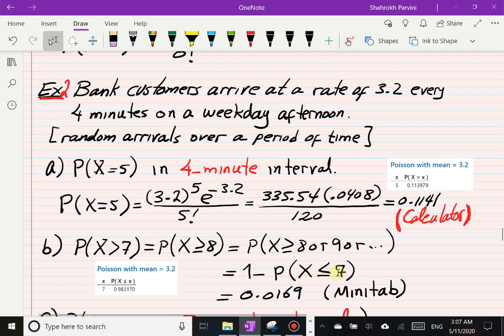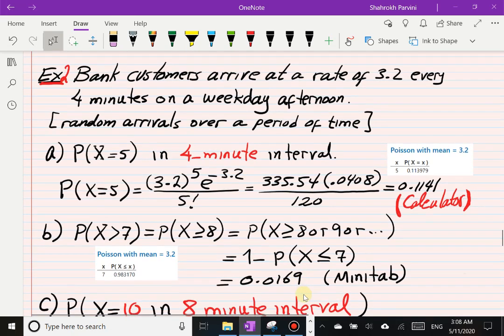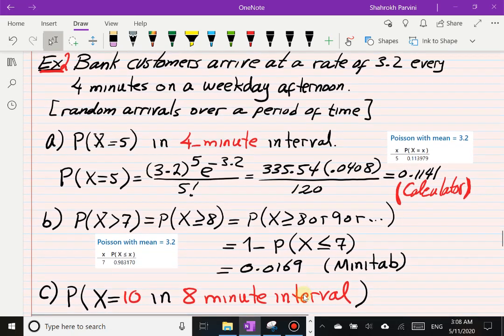And for x less than or equal to 7, I got this from the CDF, Cumulative Distribution Function, from Minitab. The mean is 3.2, which is right up here, and the probability is 98.32. So I subtracted, and hopefully I did it right. That's what I got. Almost 2% probability that you get more than 8 people in 4 minutes. Not very likely, unless it's a payday or something.